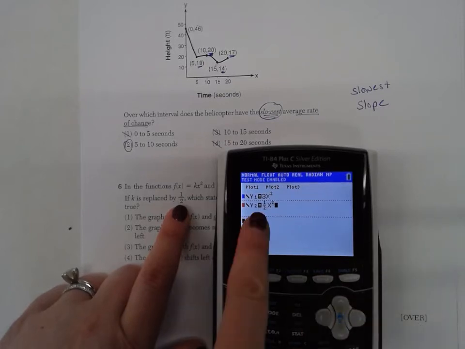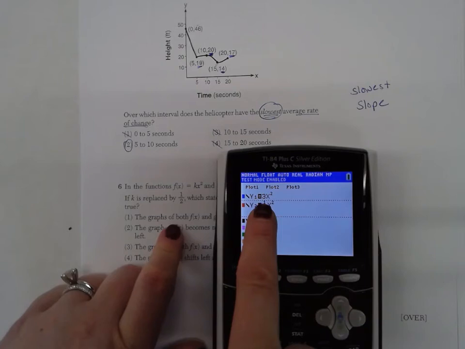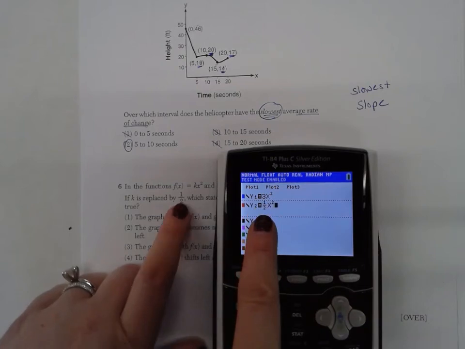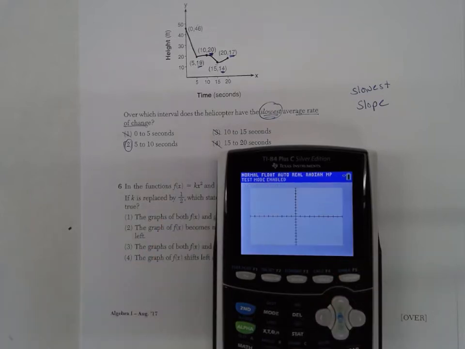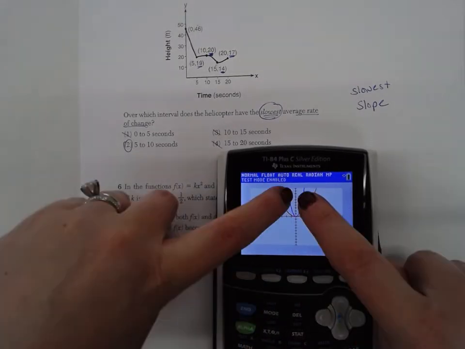Notice that k was a positive integer, that's why it was a 3, and now I'm replacing it with 1/2. Let's see what happens. So here's my 3x squared, and now what happens when I replace it with a 1/2? Oh, there it is. When I replaced it with a 1/2, my graph got wider.